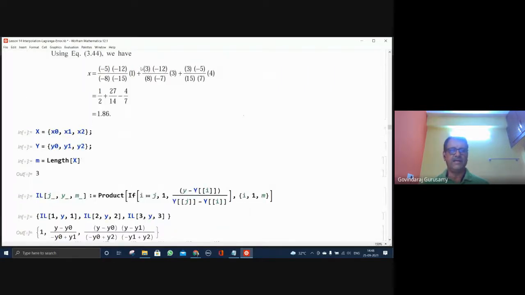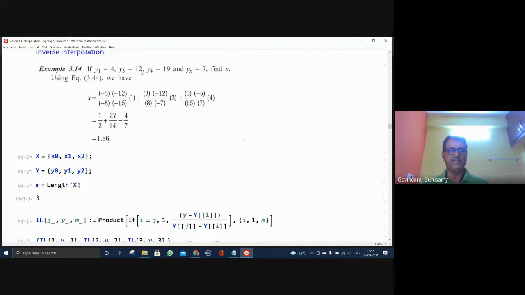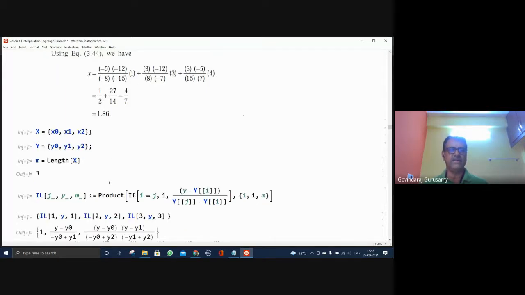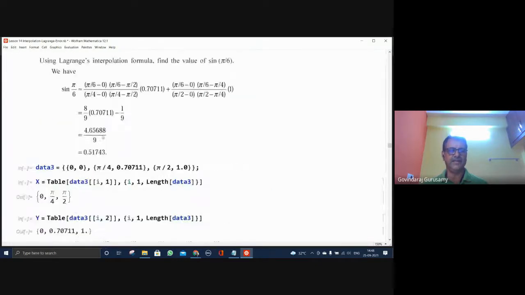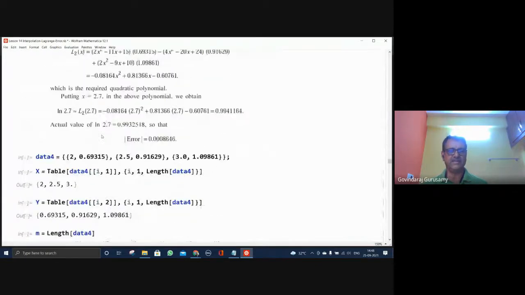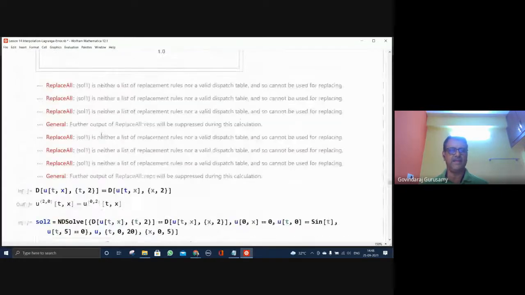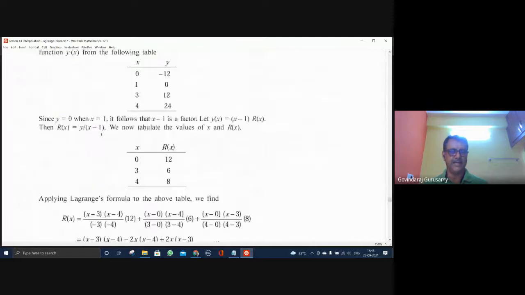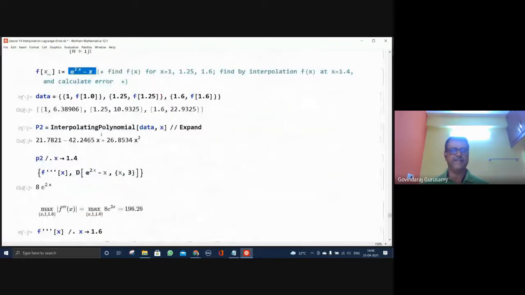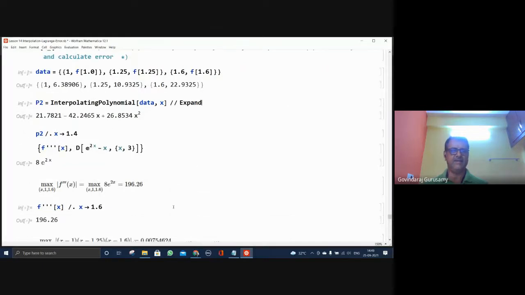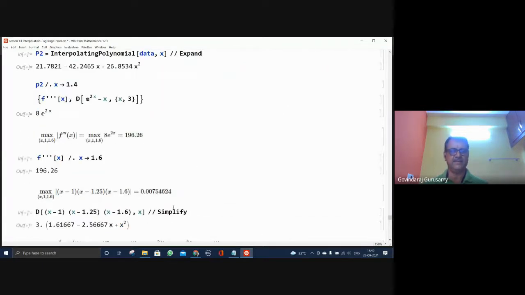If you have that functional form, that function can be used and differentiated the number of times that is required, and then use the number of data points corresponding to that. You maximize it, put them together and see that it matches the error which you get. Try some of the problems where functions are available, follow the same methods, then find out the error.